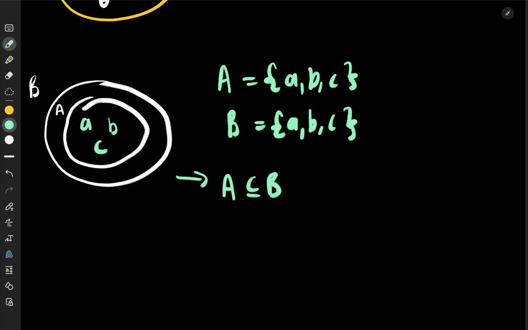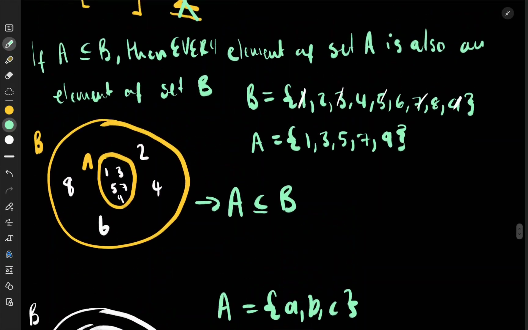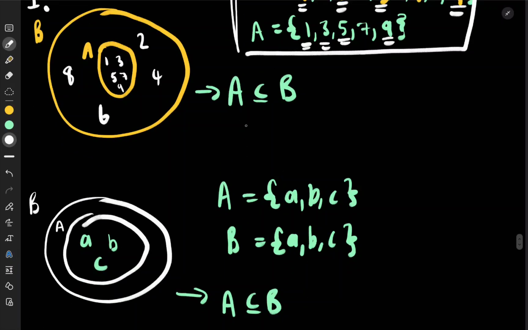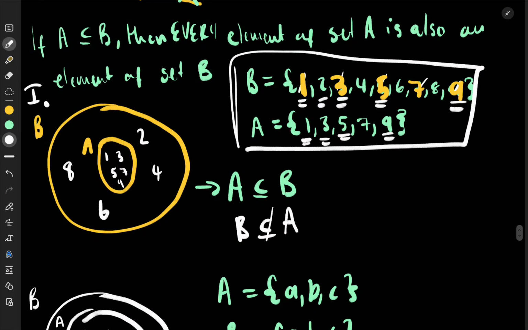Because when we say A is a subset of B, we are simply saying everything in A is also going to be in B. In the first situation, without looking at the diagram, we can say that if I take a 1, it is in B. If I take 3, it is also in B. If I take 5, it is also in B. If I take 9, it is also in B. So A is a subset of B. But for situation number 1, B is not a subset of A, because 2 is not in A, 4 is not in A, 6 is not in A, 8 is not.